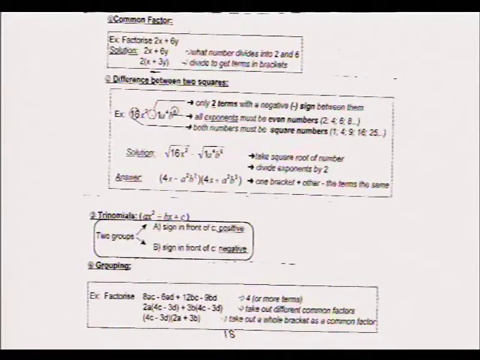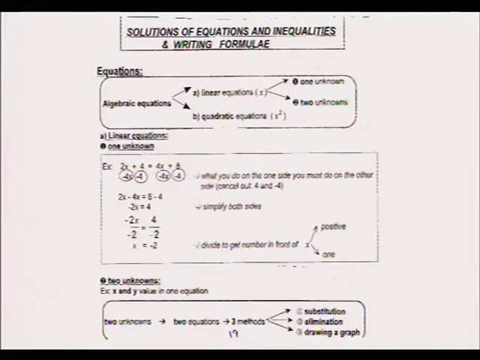I think we all know the common factors and the difference between 2 squares. You can look at the examples there. Trinomials have 3 terms, as you can see there, and we can group to add or subtract, or to take out the different common factors.